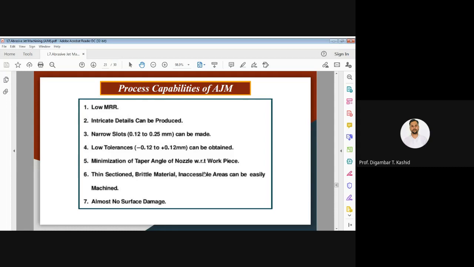You can produce a narrow slot of 0.12 to 0.25 mm. A low tolerance can be achieved using the process. Thin sections and brittle materials can be easily machined. And there is no heat affected zone or thermal damage to the workpiece. So this point is to be noted.